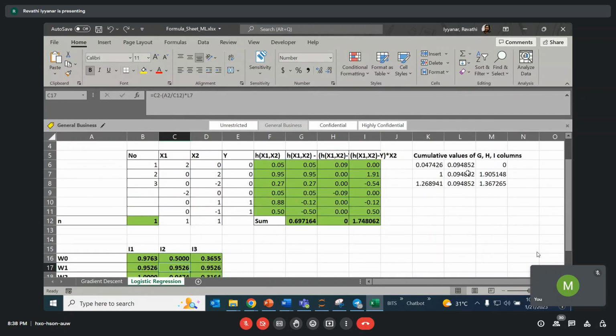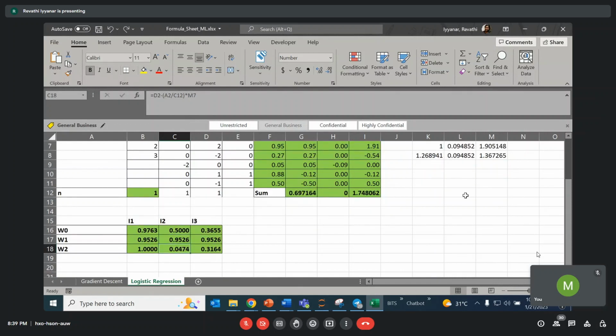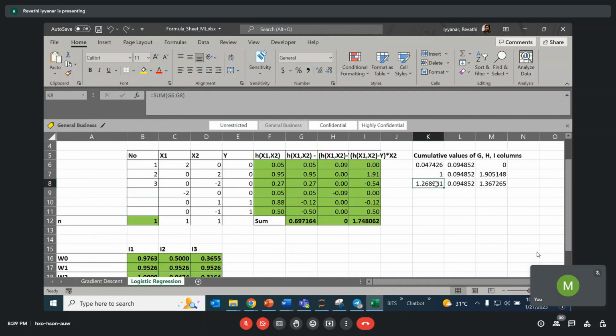I did not find in the lectures or videos that they taught about this modified approach, but this is a totally different way of calculating. For the third iteration, it is cumulative. Somehow these K, L, M values are also being used in the formula.